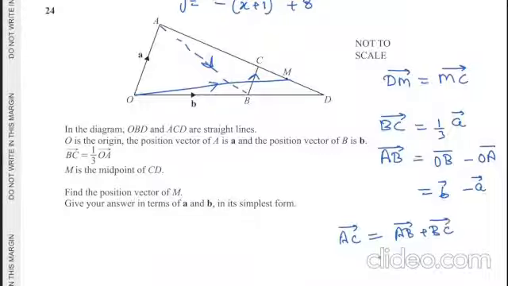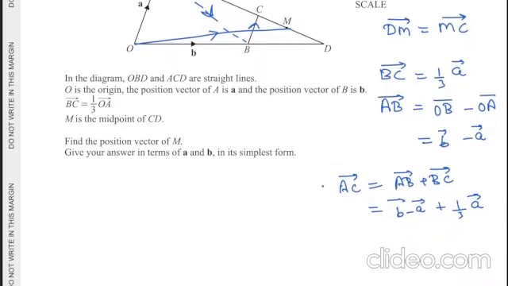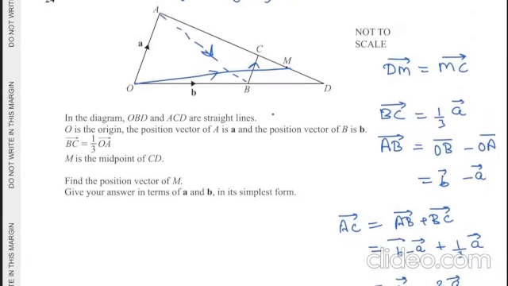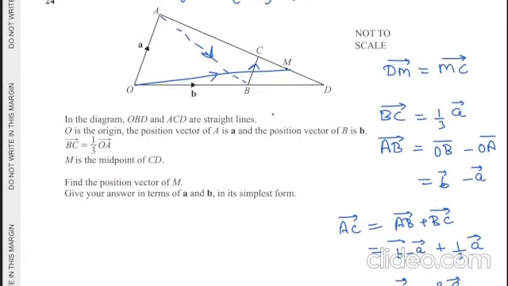Simply we have to add these two. AB is B minus A vector plus 1 by third of vector A. So we can write it as B vector minus 2 by third of A. So this will be vector AC.